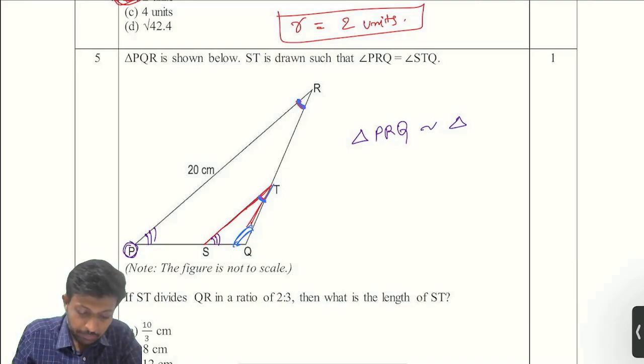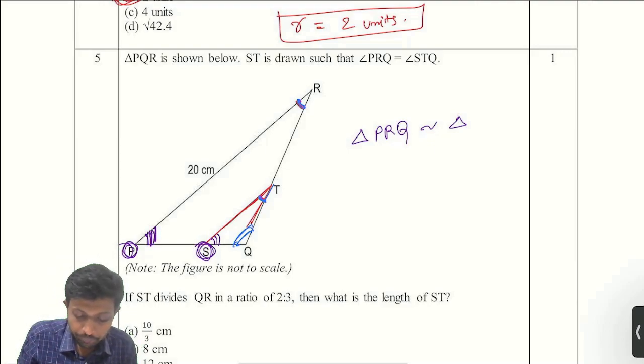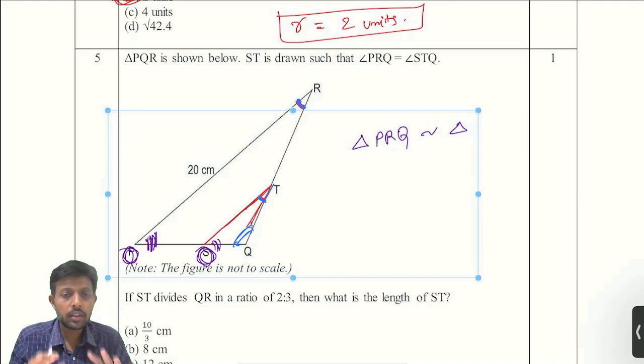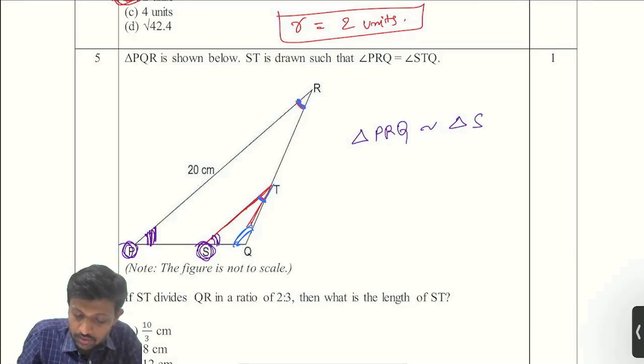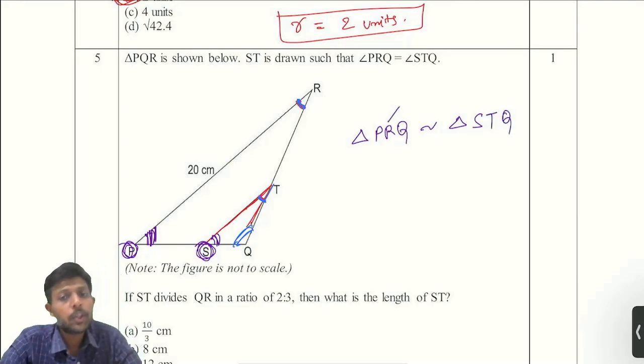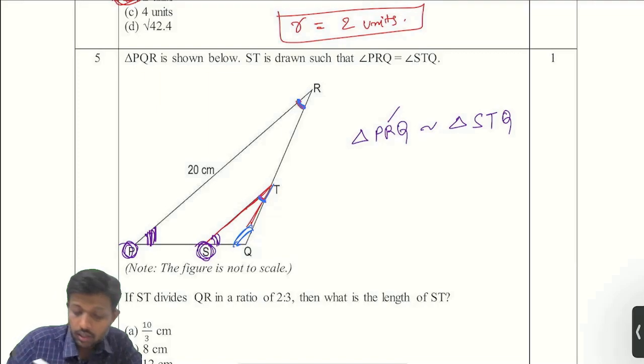If we selected P first, we should select S first, because these two angles are equal, not because they are on the same base, but because these two angles are the same. So S, then second I wrote R, so T, and finally I wrote Q. So triangle PRQ is similar to triangle STQ.